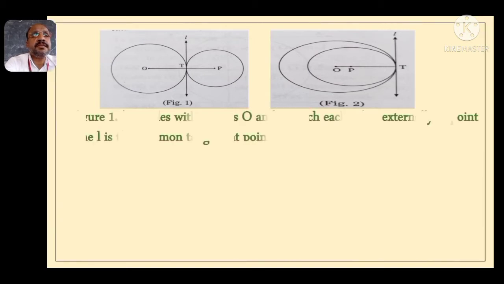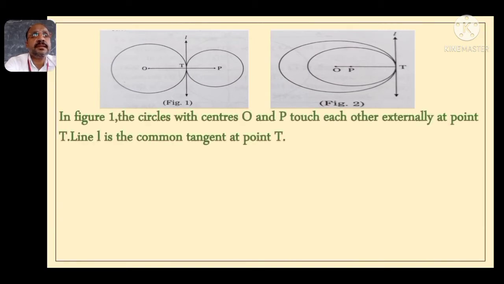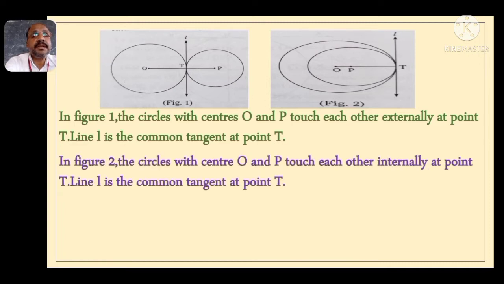Now when we observe these two figures, in figure 1 the circles with centers O and P touch each other externally at point T. Line L is the common tangent at point T. In figure 2, the circles with centers O and P touch each other internally at point T. Line L is the common tangent at point T.